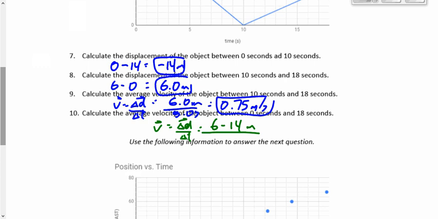And my time here is 18, so that's -8 meters over 18 seconds, which is 4 over 9, which is -0.44 meters per second. So 0.44 meters per second to the east, right? Because positive is west, negative is east. Good there? You guys comfortable with that?